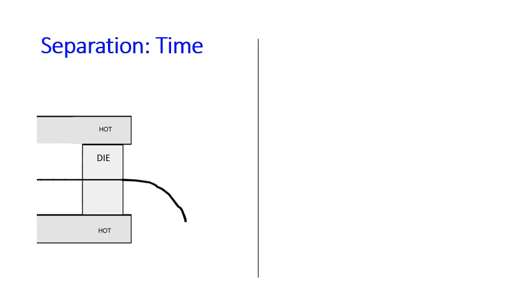This is an example for separation in time. If you remember this example from the first part in TRIZ foundations, it's about coating a wire through an enamel. The wire is pulled through an enamel and goes through a die to remove the excess of the enamel and then also to size the wire.